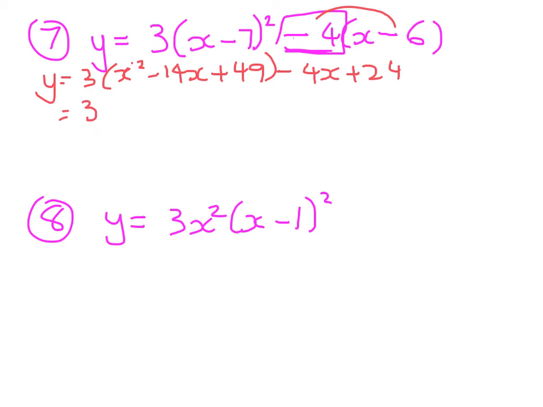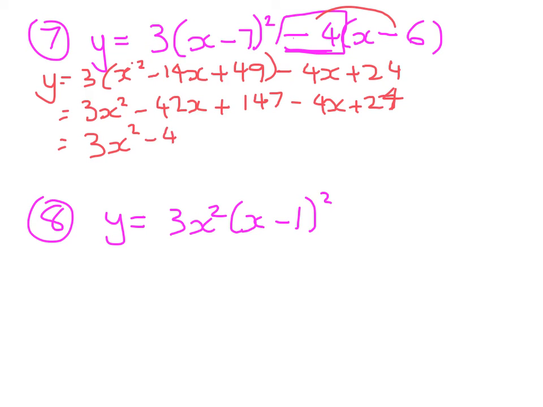So expanding out again, 3x squared minus 42x plus 147 minus 4x plus 24 equals 3x squared minus 46x plus, let's see, 171. So dy by dx is equal to 6x minus 46.